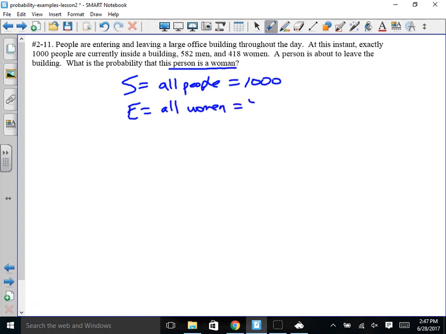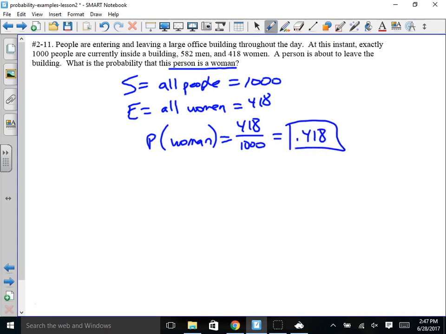And so the women is 418 women, so the probability that the person leaving is a woman is just going to be 418 divided by 1,000, which is 0.418. So, just because something's a word problem doesn't mean it's necessarily difficult. It's still identify the total number and identify the number in the event.